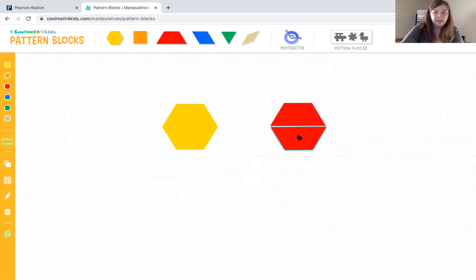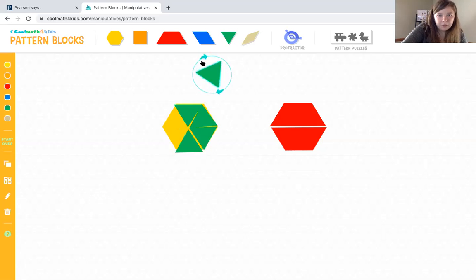Now I'm going to use some green triangles to make our shape. I can keep adding triangles all the way around to make my larger yellow shape. I'm going to link this website for you guys to use. And if you see up in the corner, there are pattern puzzles, which are what we use during school.